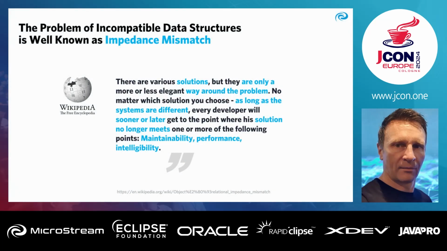There are a lot of articles you can find on the internet about object relational mapping and impedance mismatches, and what the problems are. The initial idea of JPA was: we are dealing with objects, so we want to store objects in a database.